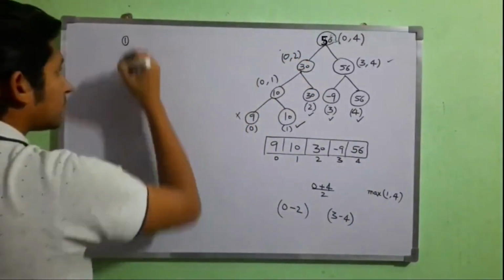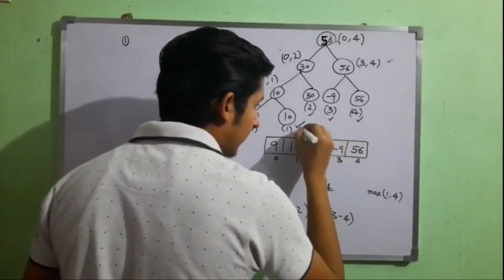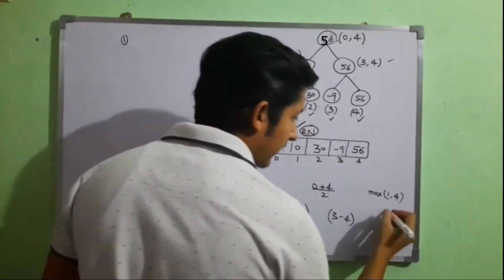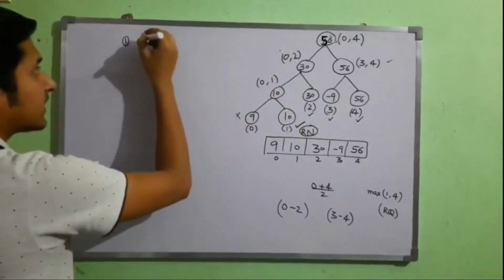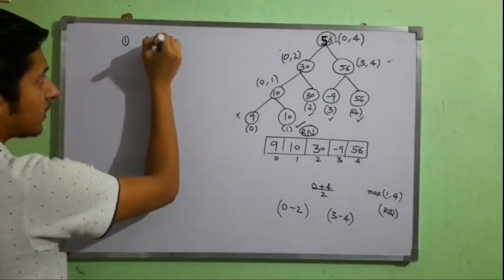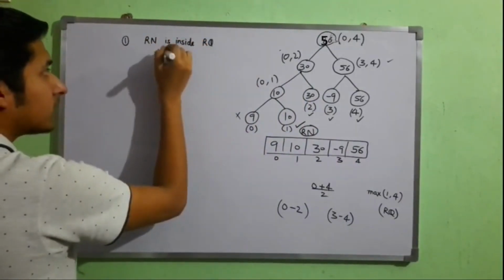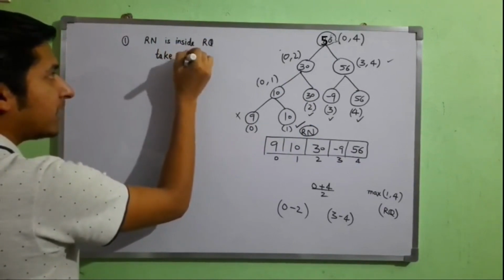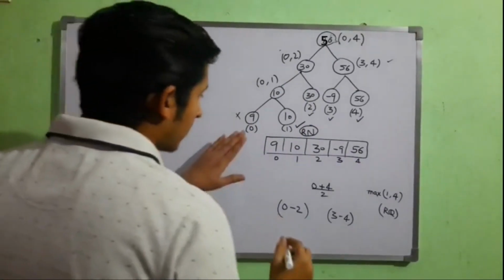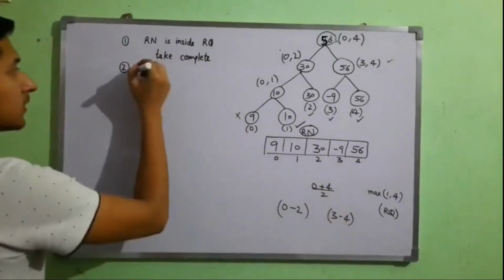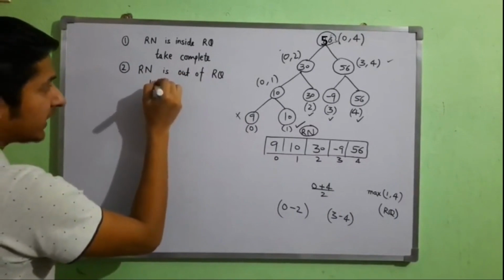So if I take the range of the node as Rn and the range of the query as Rq, the first case is Rn is inside Rq: take it completely. The second case is Rn is outside Rq: don't take it.